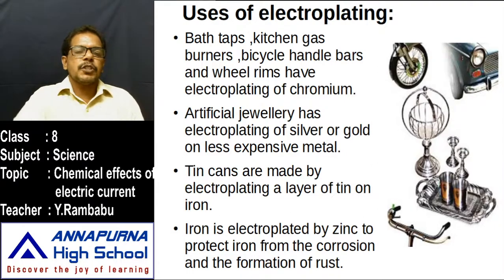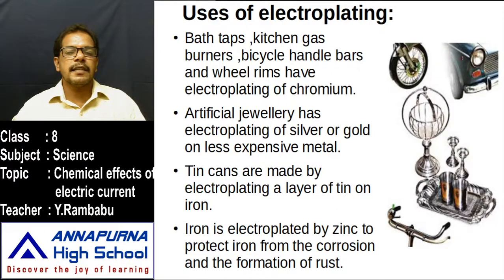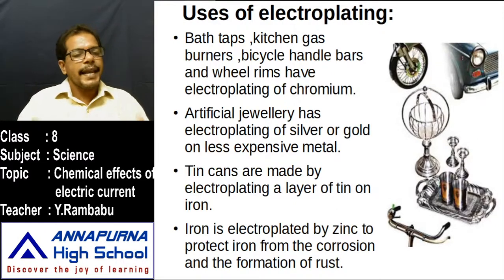If food materials are stored in tins made of iron, they become rancid, not suitable for eating, within a few days. To avoid that, these cans are coated with another metal, tin. That's why these cans are named tin cans.